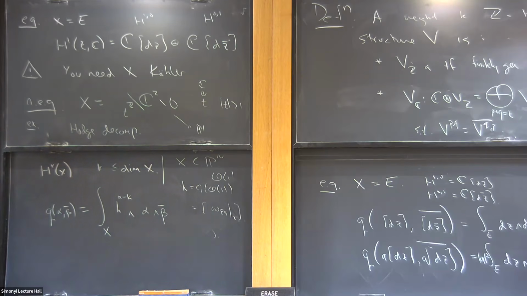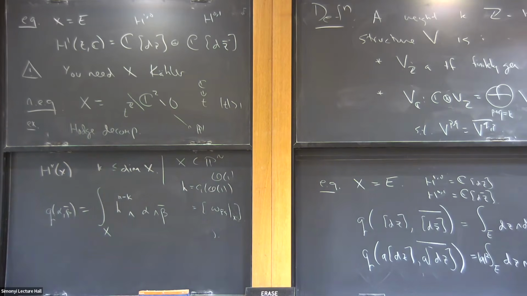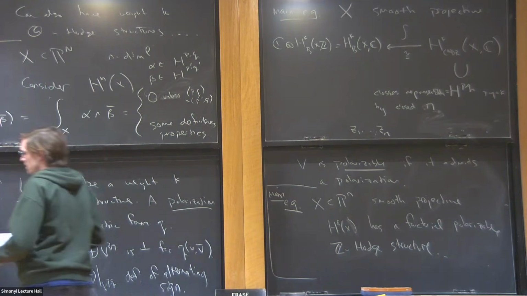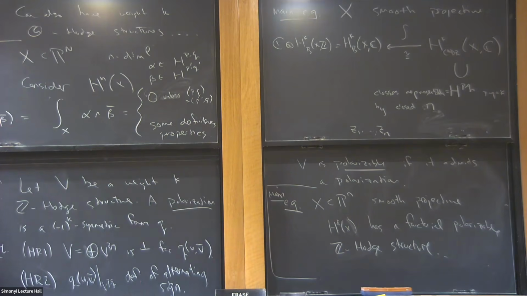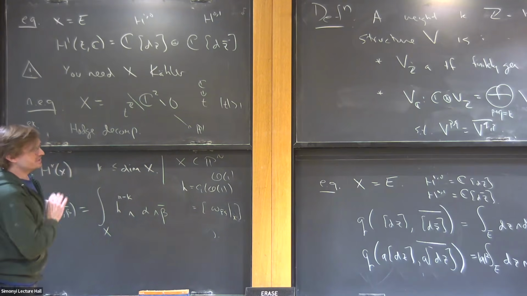And it turns out that up to a very subtle sign, this will polarize the Hodge structure coming from what I said up there. Okay. So that's an important fact. Don't forget that you need to change the sign, but it's okay to forget exactly how.